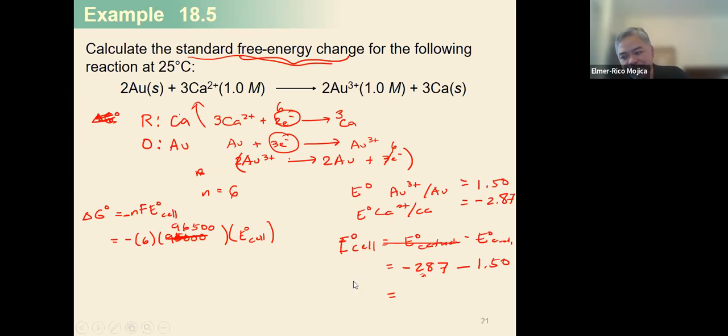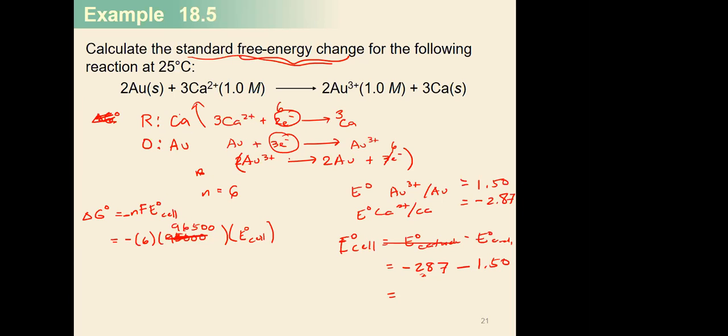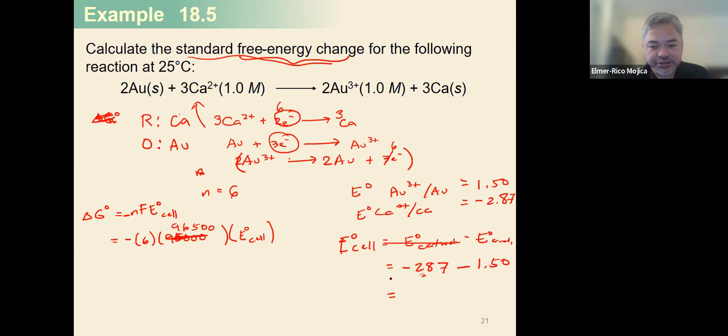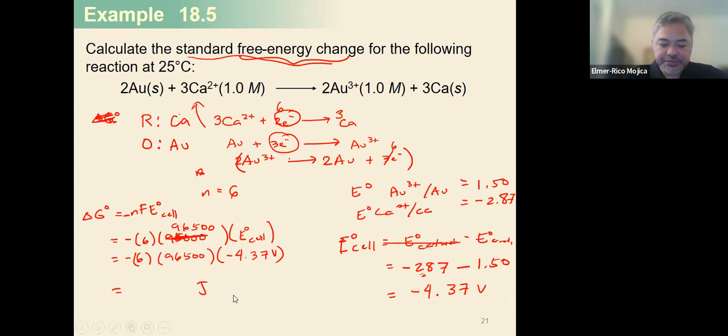Anyone? Negative 4.37. So you get there an E cell that is equal to negative 4.37. So if you have it there, what is the Gibbs free energy?